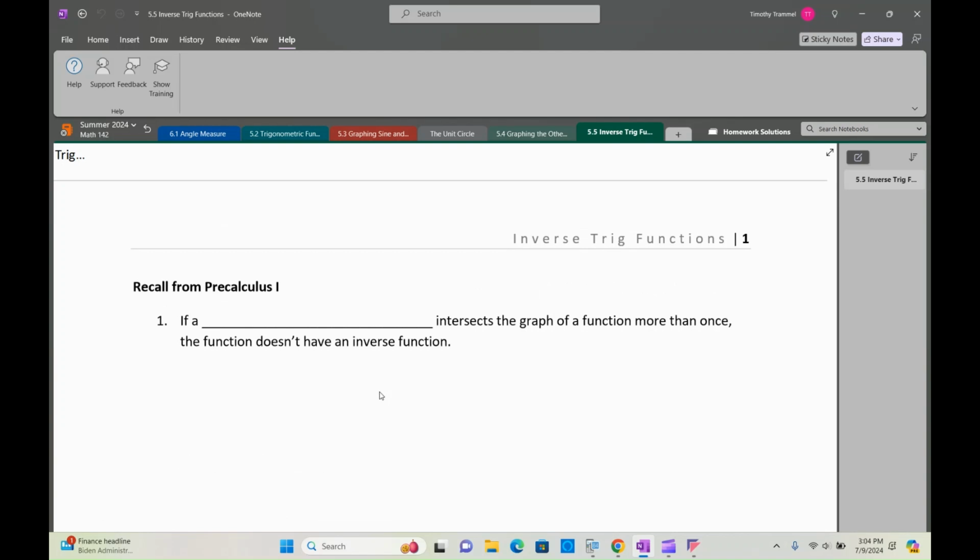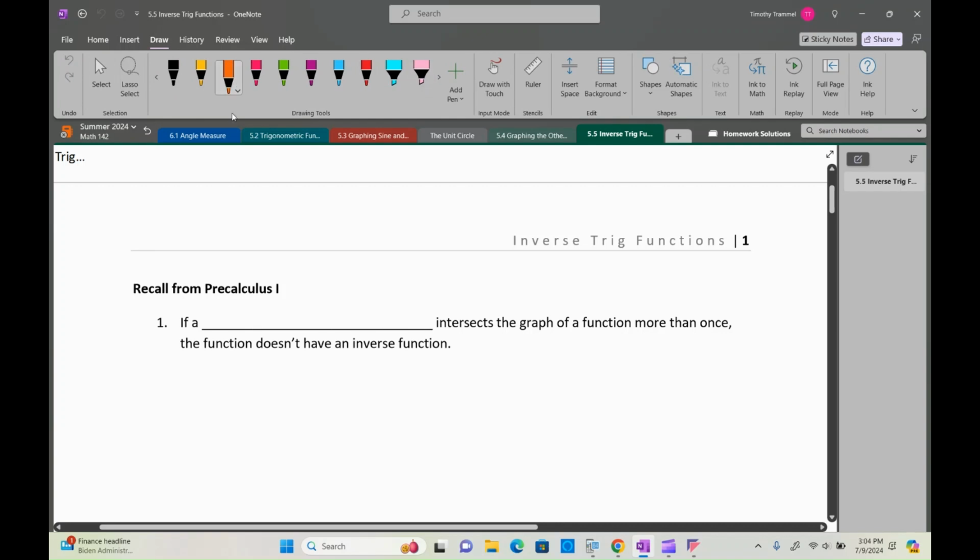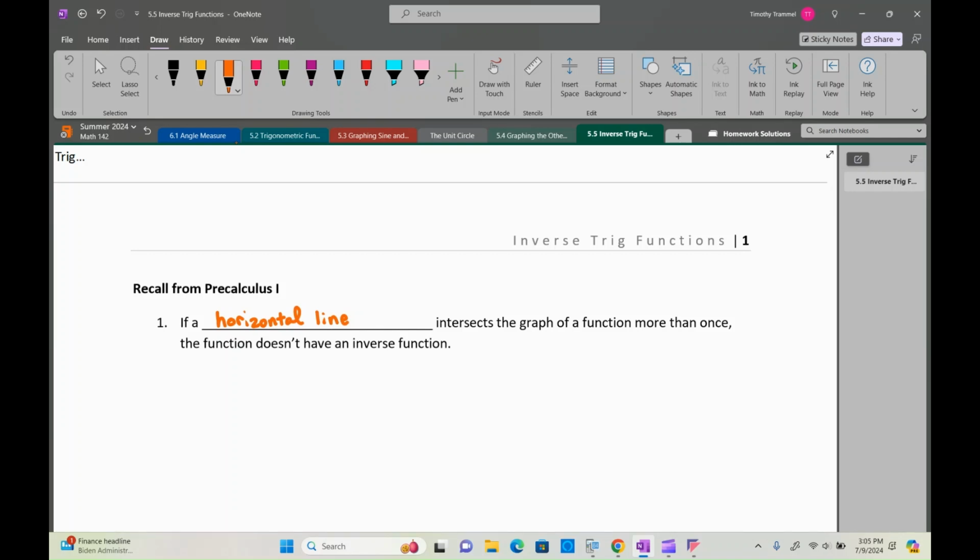Okay. And so you might remember from pre-calculus 1, or maybe even an algebra course, that if a horizontal line intersects the graph of a function more than once, that function does not have an inverse function.